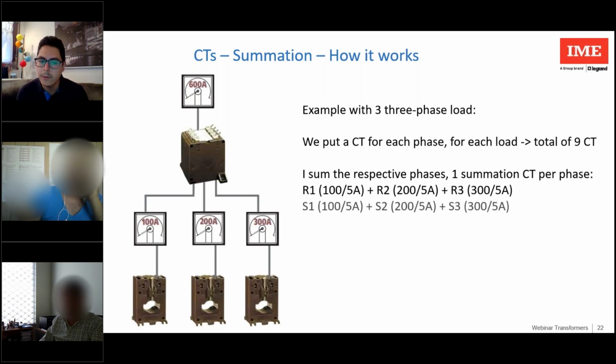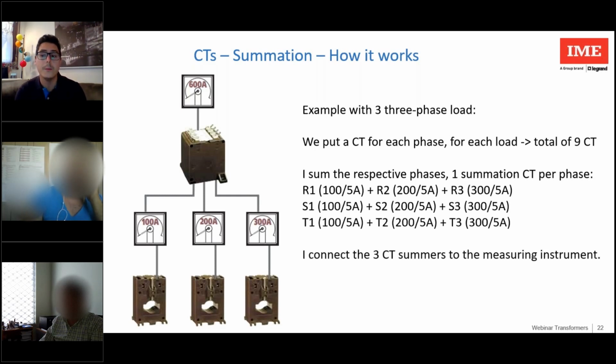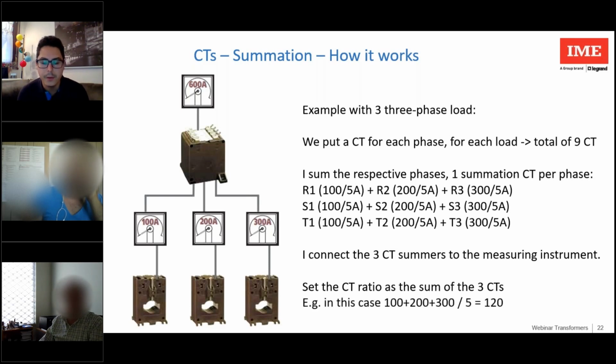I do the same for the S and the T. So I connect the 3 summing CTs to the measurement instrument and set the current transformer ratio of the sum of the 3 CTs. As an example, I sum the 100, 200 plus 300, it is 600. Divided by 5, I have to put on the instrument 120 as a current transformer ratio.